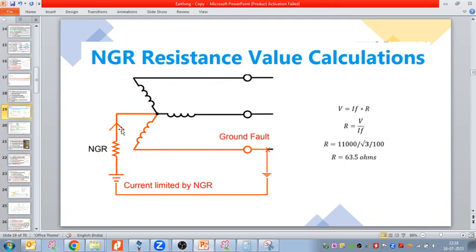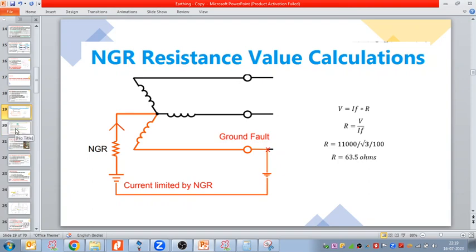If we are going to allow only 100 ampere current to flow in the system, we know the voltage between the phase and the ground, and we know the current, so the resistance value can be easily calculated. Just apply Ohm's law.